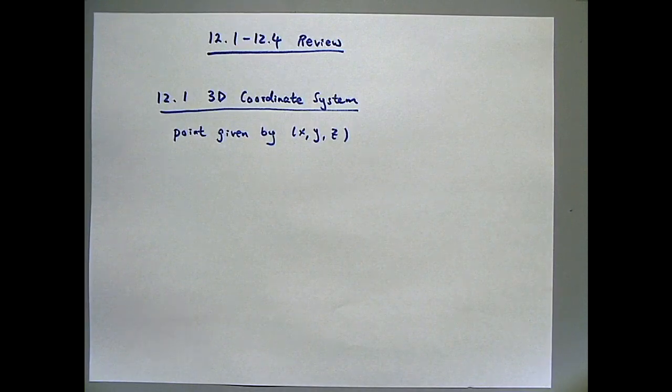Very much like what you do with 2-dimensional. You tell me what x is, tell me what y is, I know where the point is. Same thing with the 3-dimensional. You tell me x, y, z, I can tell you where that point is in the reference system you give me.